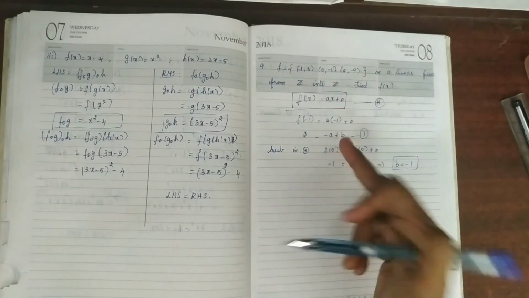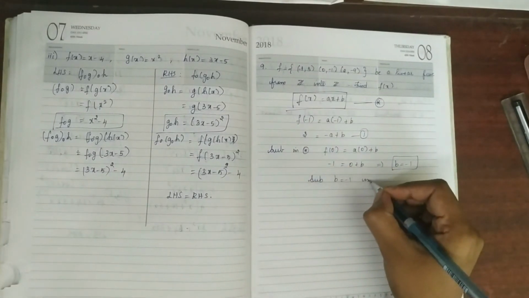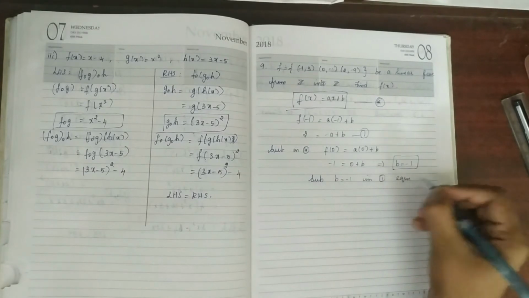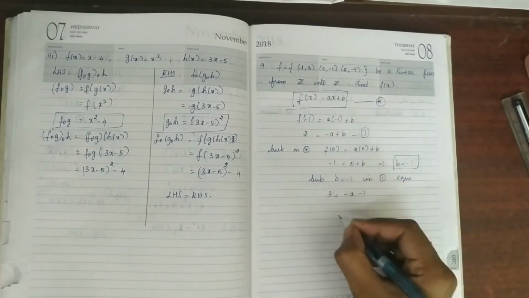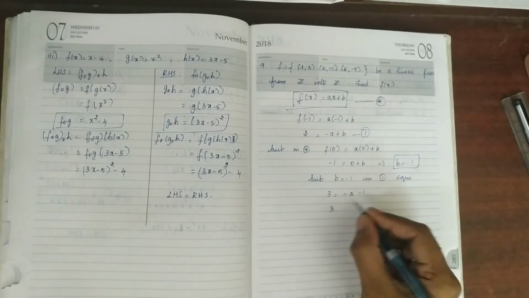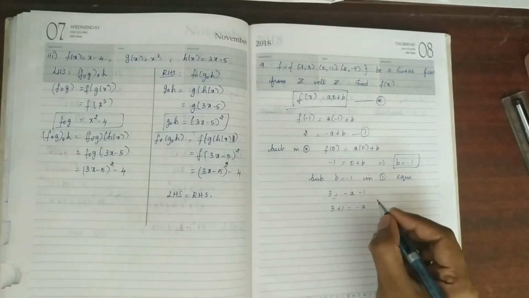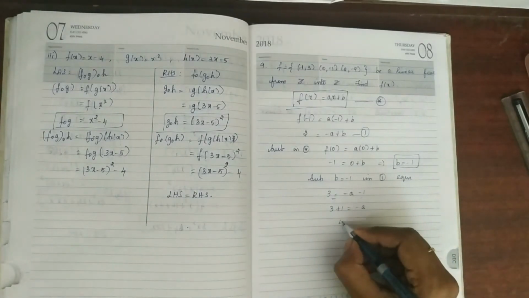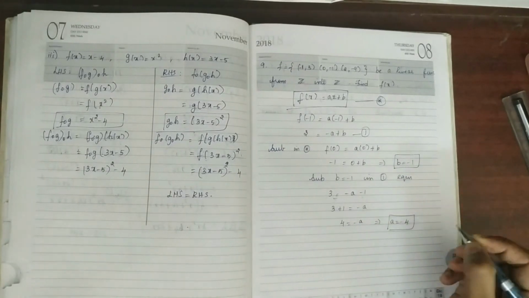Now substitute b equal to -1 in the first equation to get the value of a. So 3 equal to -a minus 1. Take -1 to the left hand side, it becomes plus 1 equal to -a. So we will have 4 equal to -a, which implies a is equal to -4.